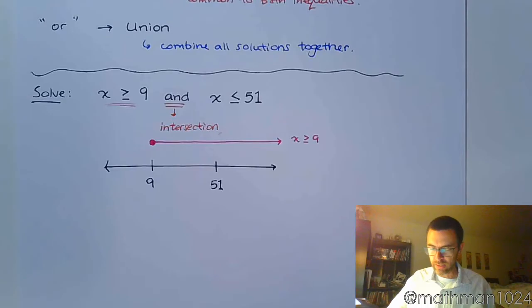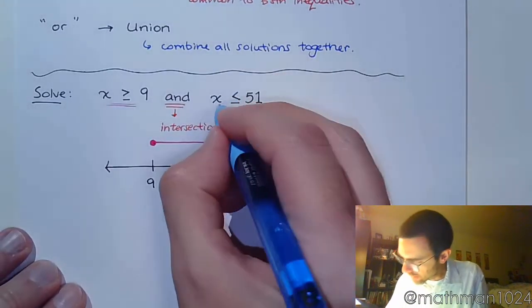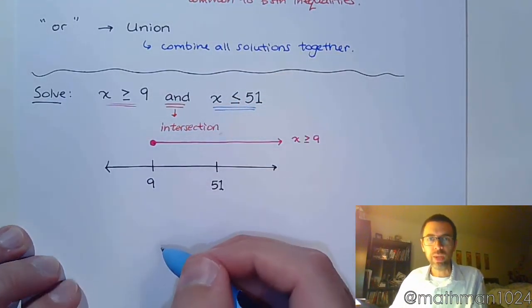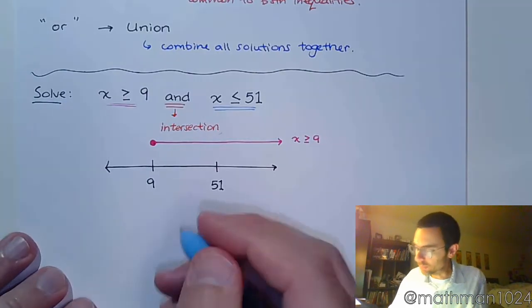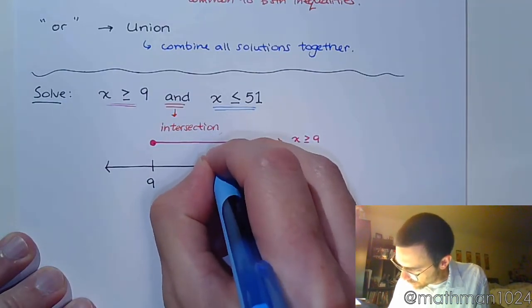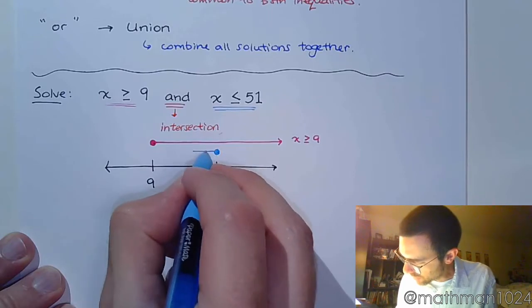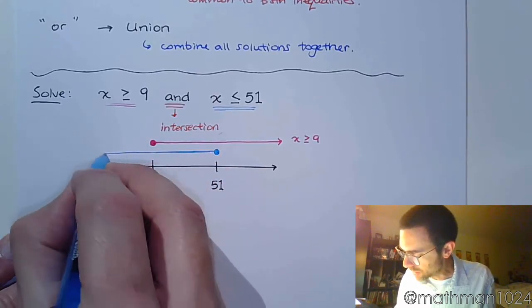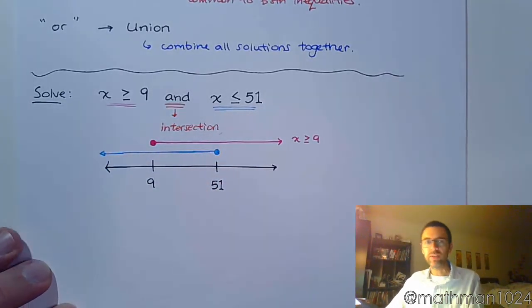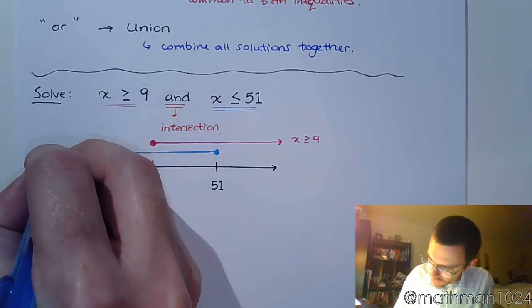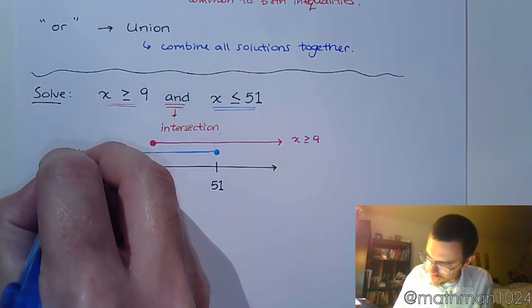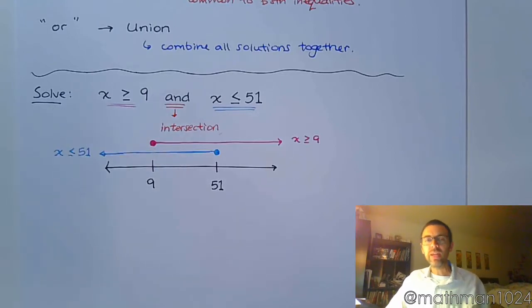And then I'm going to take this light blue color and do less than or equal to 51. So that's including 51 and then just going all the way out to the left, like that. So this is x is less than or equal to 51. But for the intersection, we're looking at where do these overlap? What do they have in common?